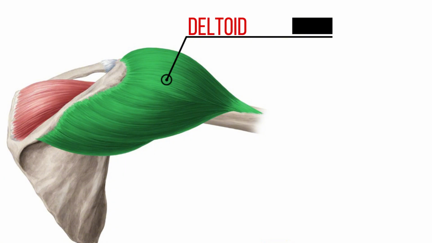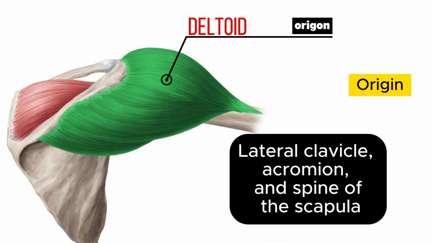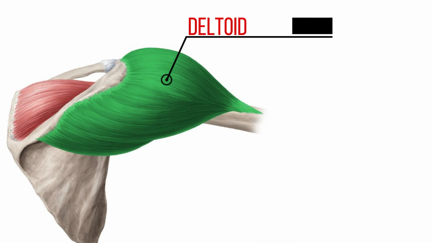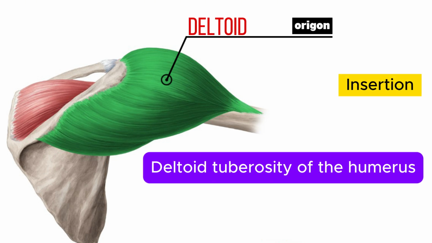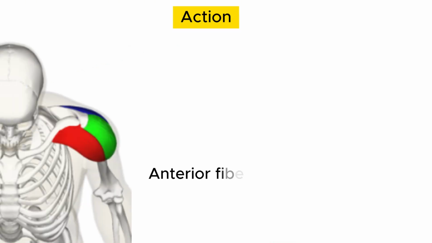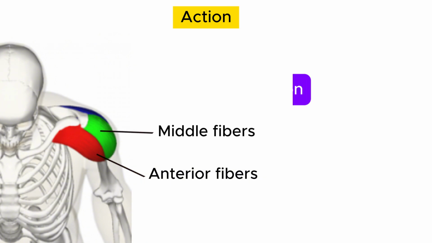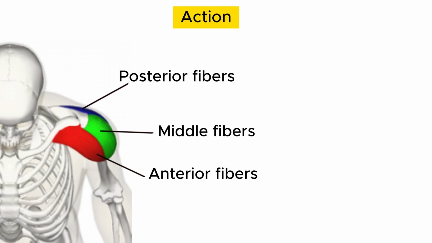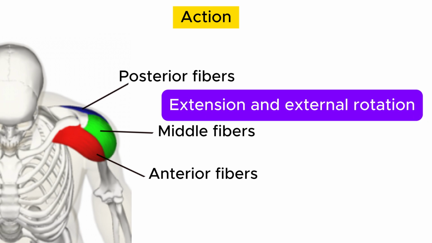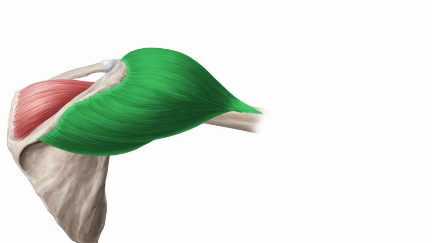Deltoid. The deltoid is the powerhouse muscle of the shoulder. Origin: lateral clavicle, acromion, and spine of the scapula. Insertion: deltoid tuberosity of the humerus. Action: anterior fibers, flexion and internal rotation; middle fibers, abduction; posterior fibers, extension and external rotation.